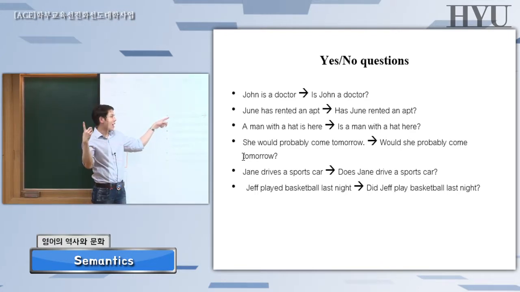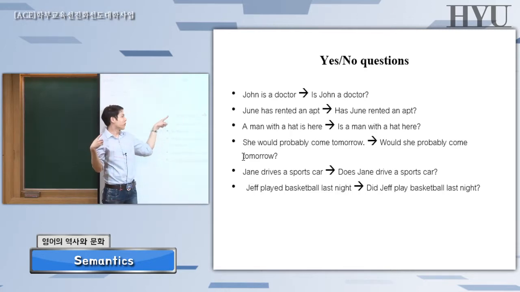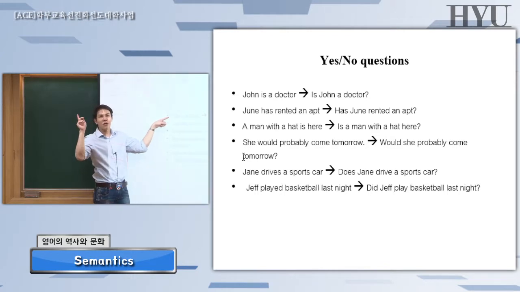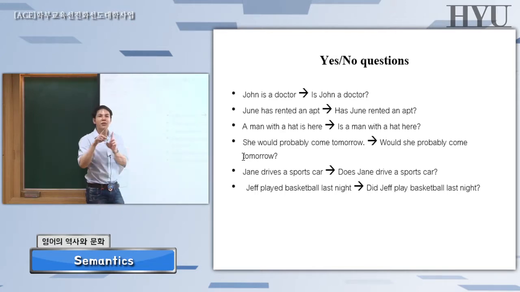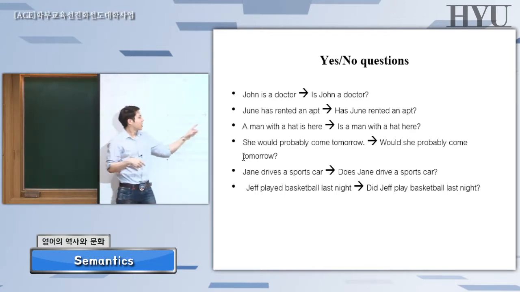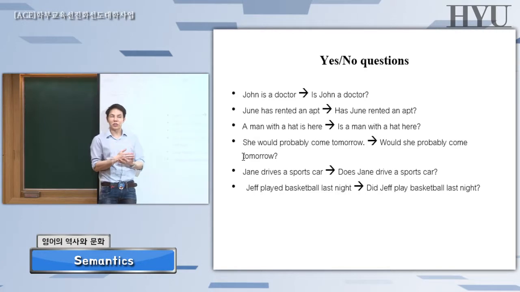So that's perhaps our first hypothesis: move the second word to place it in front of the first word. The second one, June has rented an apartment. Is it still true that we move the second word to the front? Yes, right? Has moves to the front of June. So our hypothesis is still true.